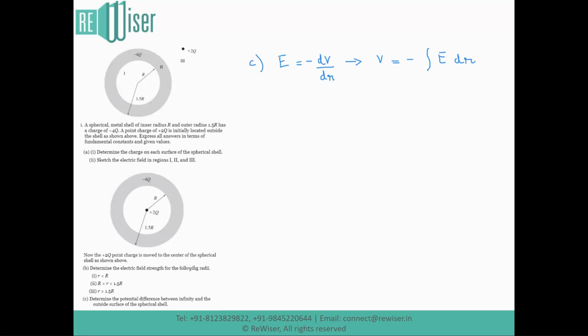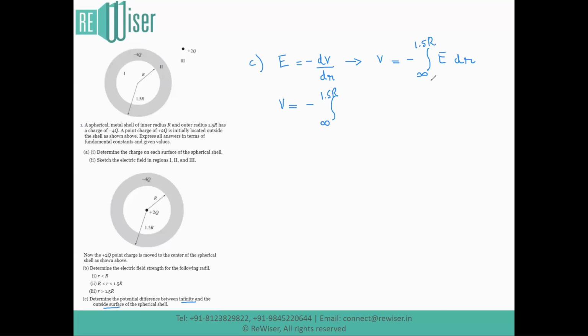Here they have straightforwardly mentioned in the question that the limits of r are going to be infinity to the outside of the spherical shell. The outside of the spherical shell is at a distance of 1.5 R. So my limits of integration are infinity to 1.5 times capital R. Substituting further, I get V is equal to minus integral under the limits infinity to 1.5 R electric field equation.